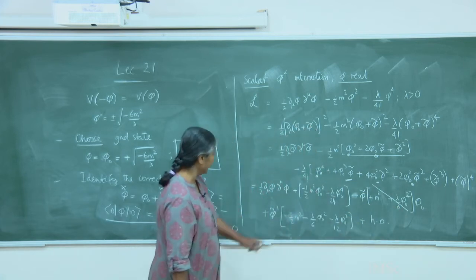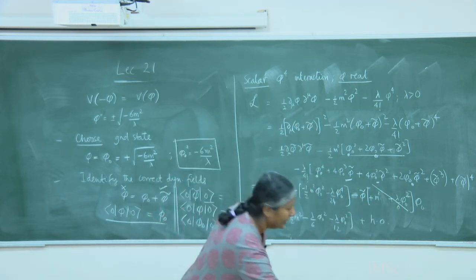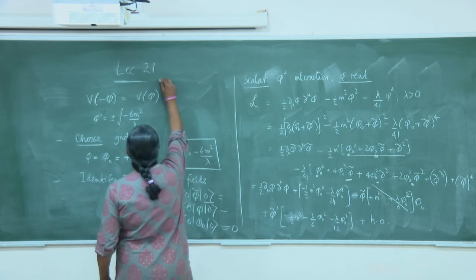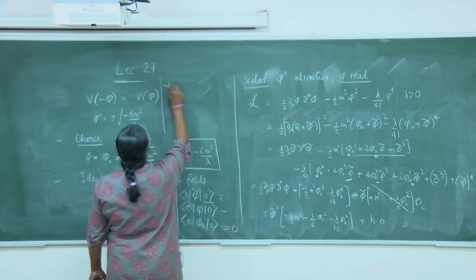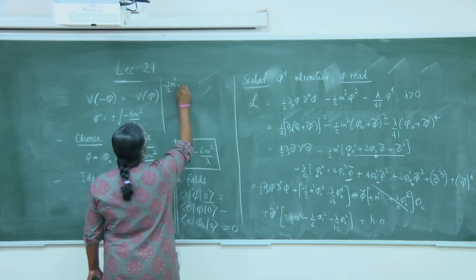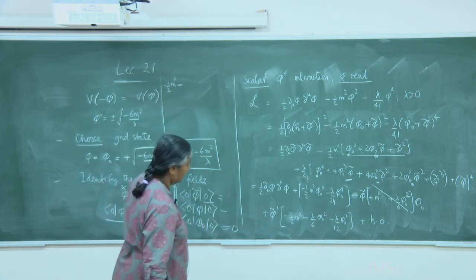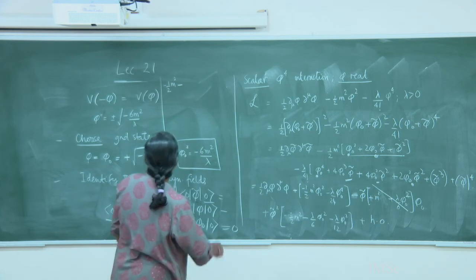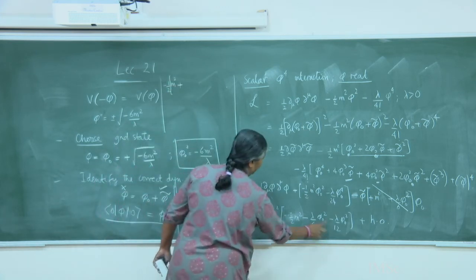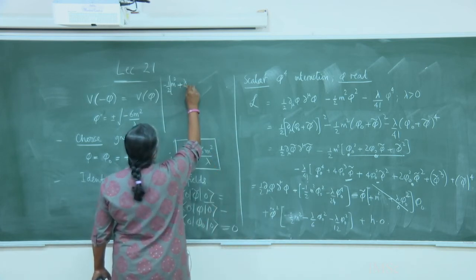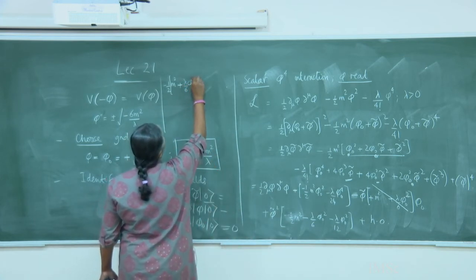Now, let us look at the quadratic term. So, let me write it here somewhere. I do not want to rub out these values. So, I have minus half m squared, minus, so let me write minus half outside and take the second term. So, it will be plus lambda by 6 phi naught squared.